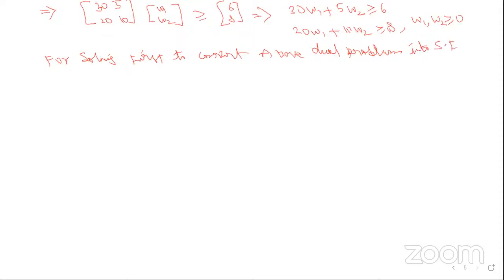SF means standard form of LPP. LPP means linear programming problem.